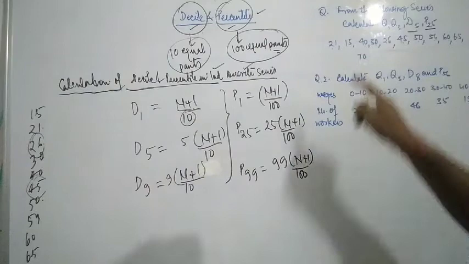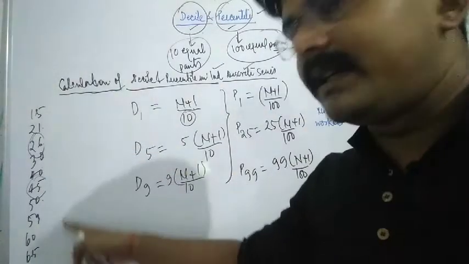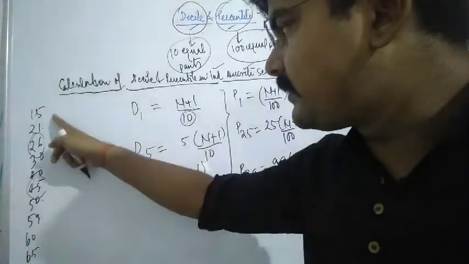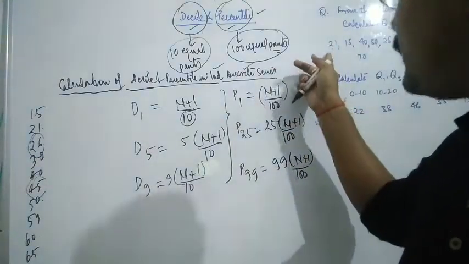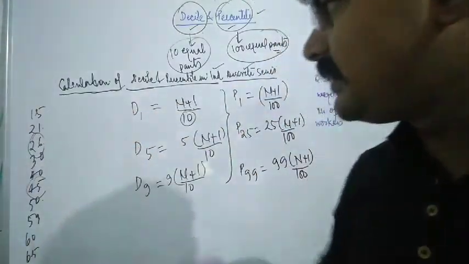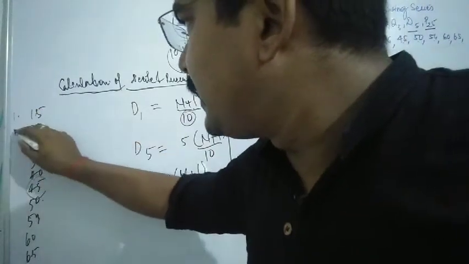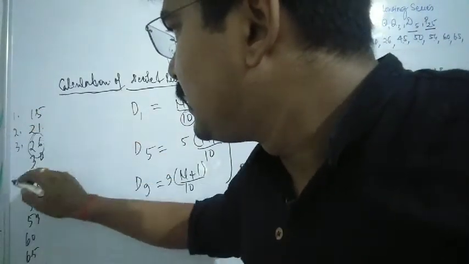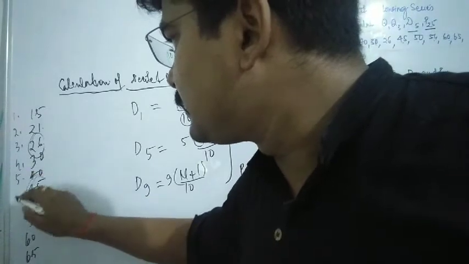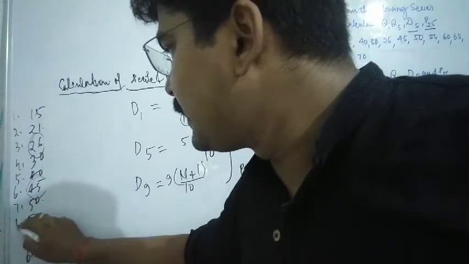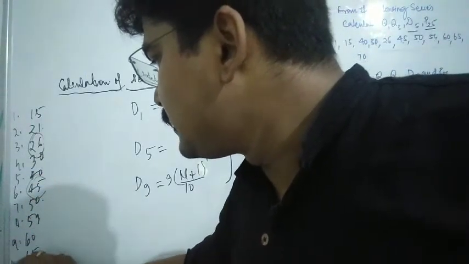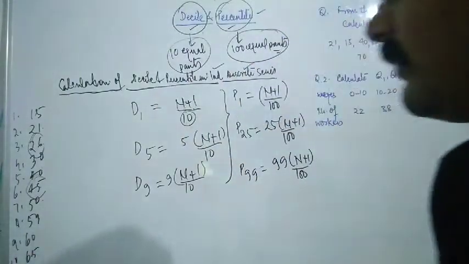First of all, these values are arranged in ascending order. So there are 11 values, numbered serially 1 to 11.